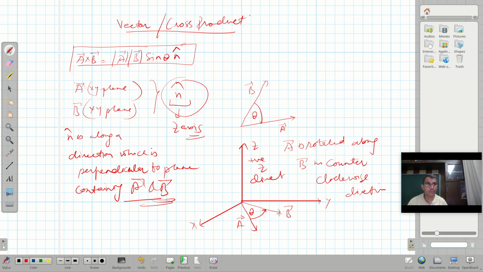But when B is rotated towards A, it becomes B cross A, and then it points in the opposite direction, along the negative z direction.